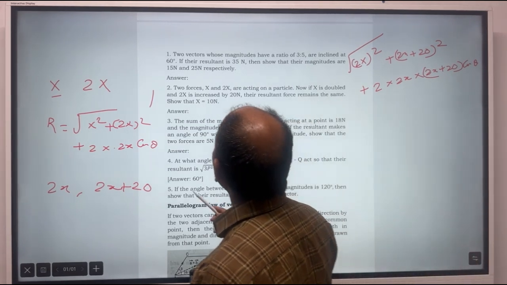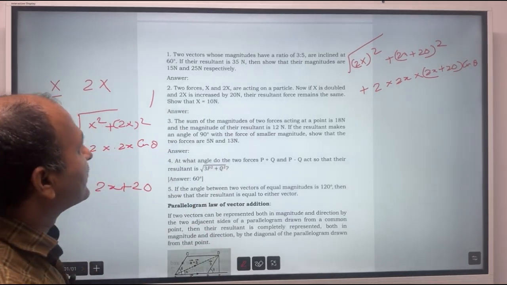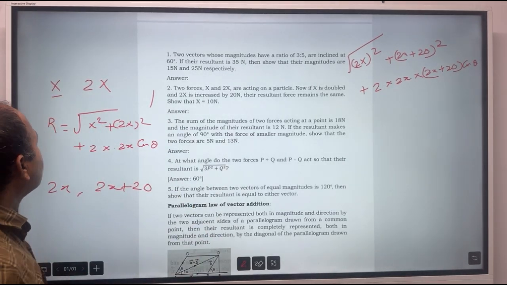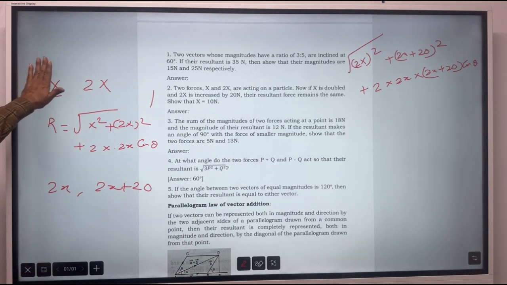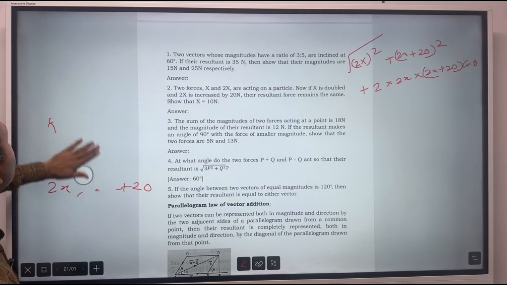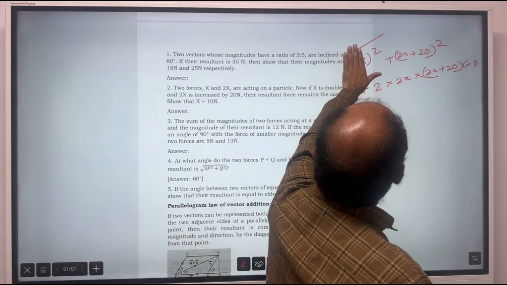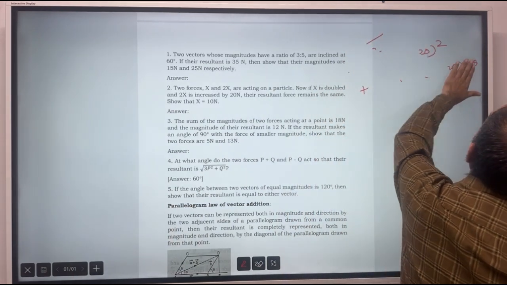Here the angle is not changed, keep in mind. Cos theta remains the same. Since the resultants are the same, we can equate the resultants of the two cases. So I am writing both things together.